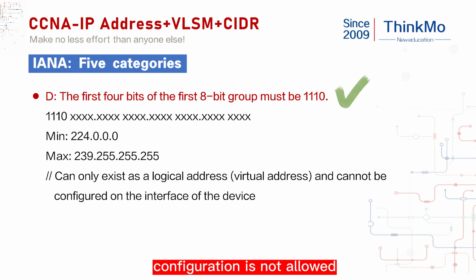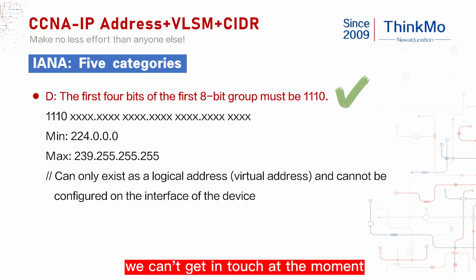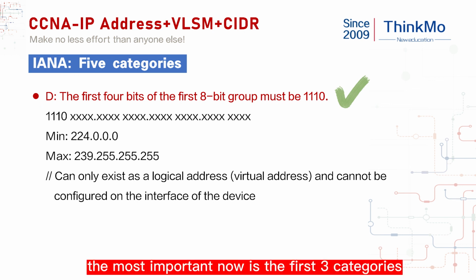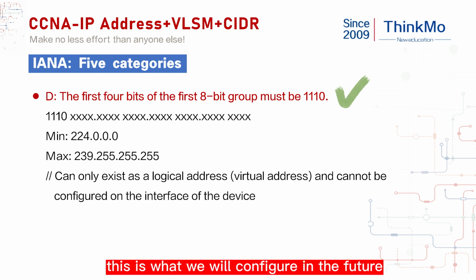Configuration is not allowed. Multicast is knowledge belonging to IE, slightly harder, so we can't get in touch with it at the moment. What is most important for us now is the first 3 categories, A, B and C, that is, unicast addresses. This is what we will configure in the future.